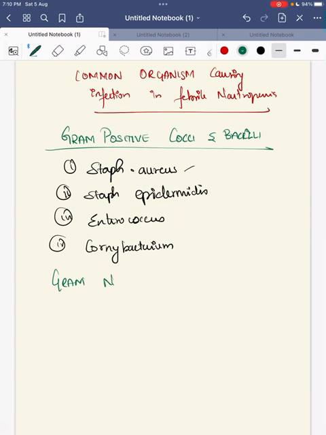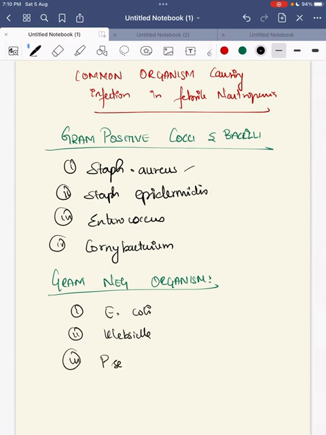Next group, gram-negative organisms. We have E. coli, second Klebsiella, third Pseudomonas. Next is fungi.